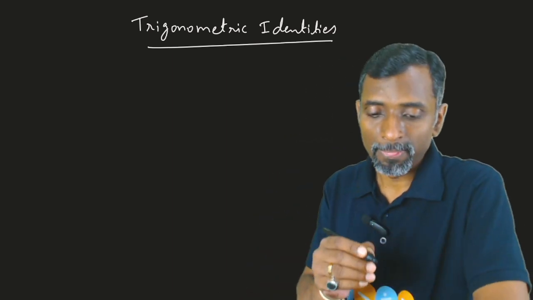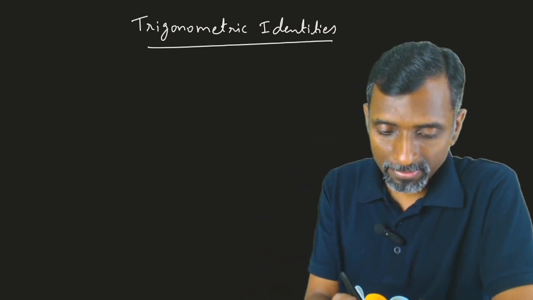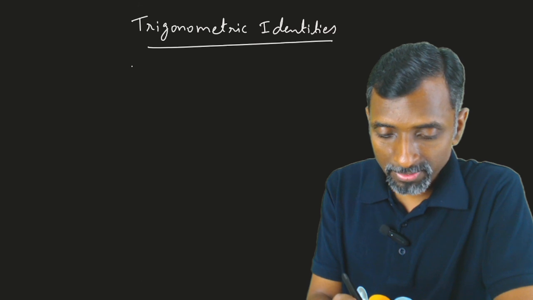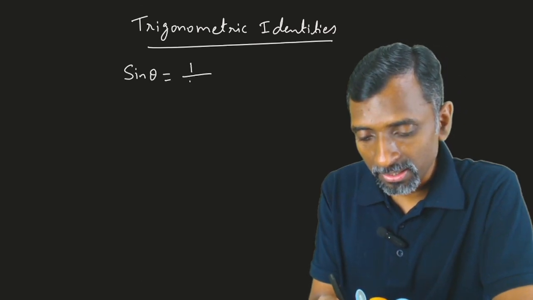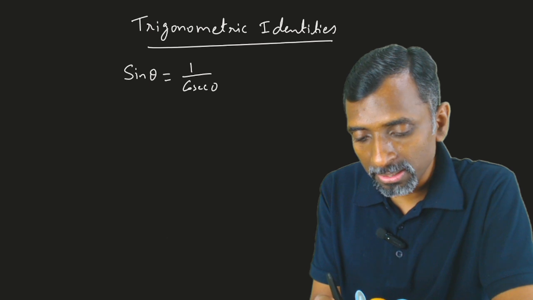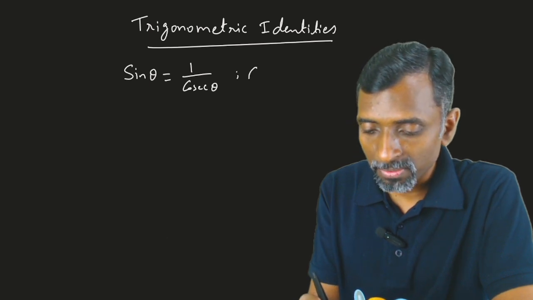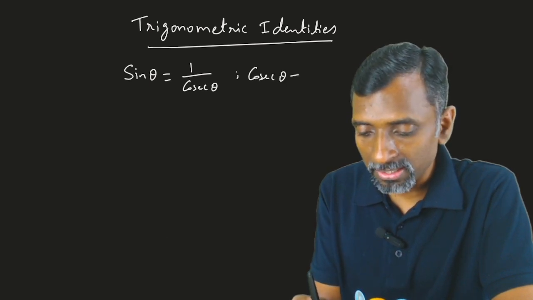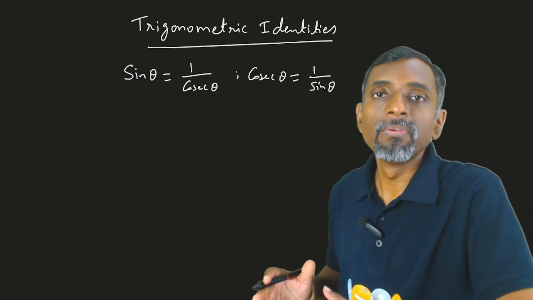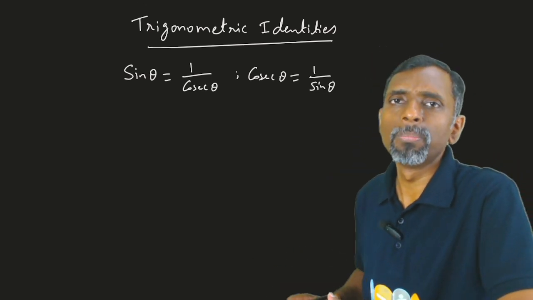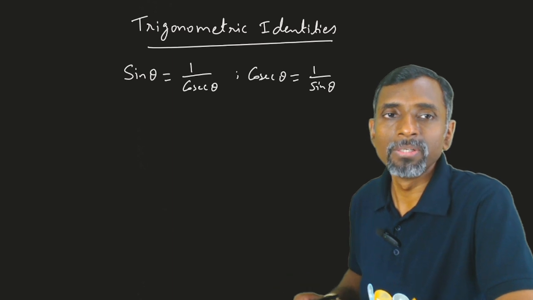Now, let's start with the relations. First, we have the reciprocals. We know that sine theta is the reciprocal of cosec theta. We know that cosec theta is equal to 1 by sine theta. After completing this, I will do some questions in this video. Please stay in this video till the end.